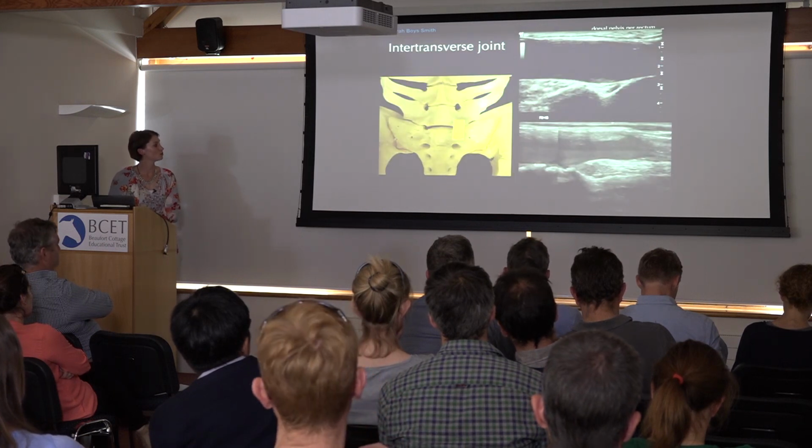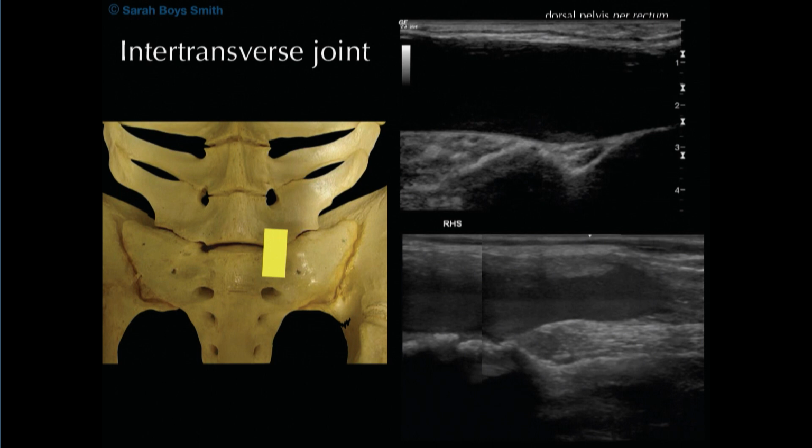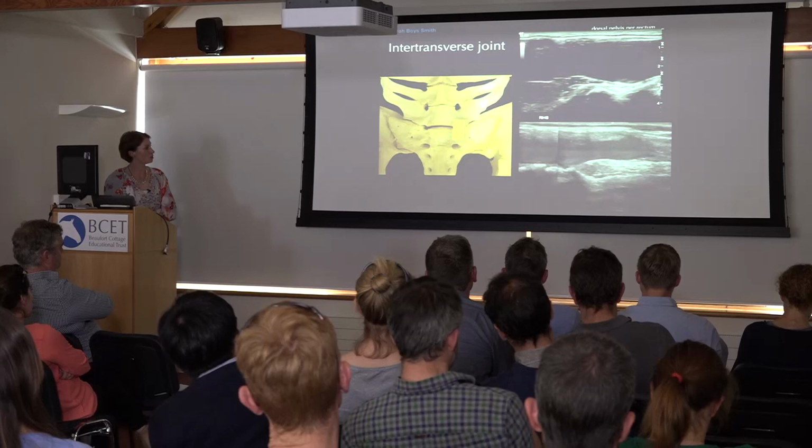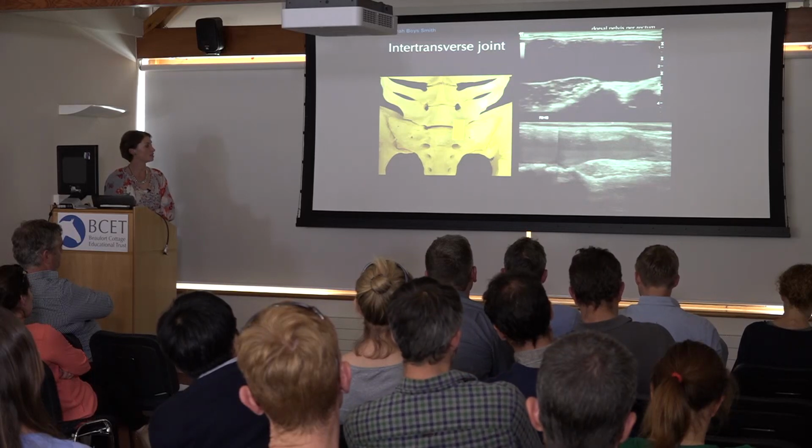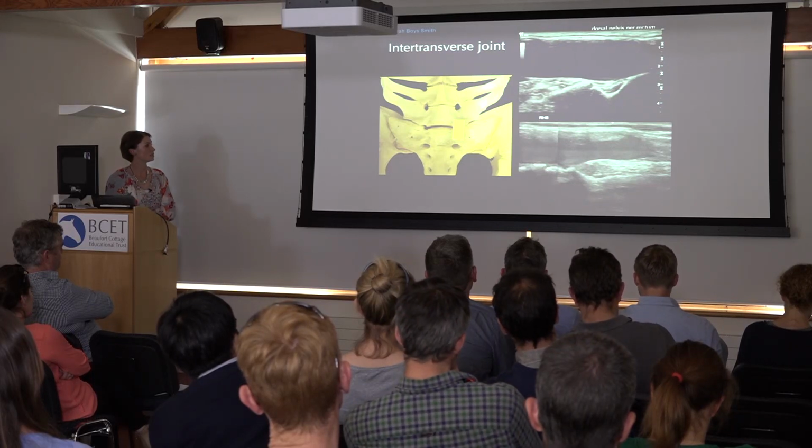For the intertransverse joint, we just move slightly left or slightly right of our lumbosacral disc. So this is our sciatic nerve root outlet here, and then this black gap here is our intertransverse joint. Again, as with any joint, we want nice smooth, regular bony surfaces.